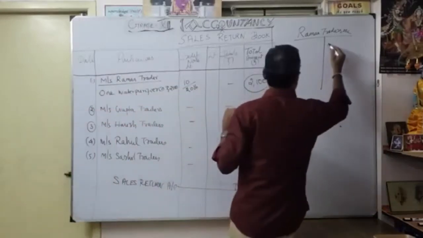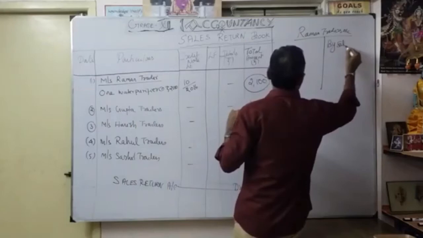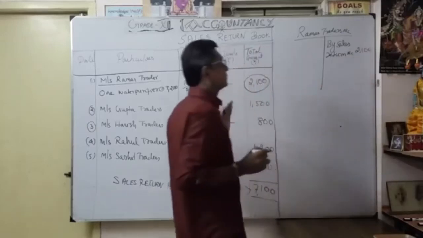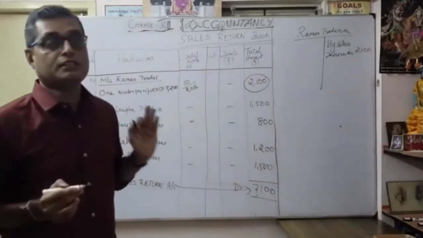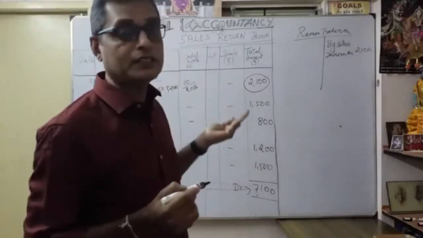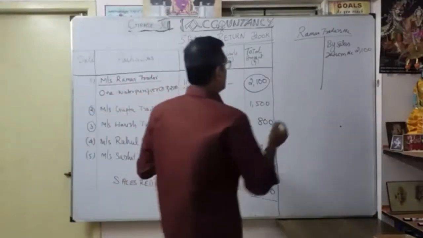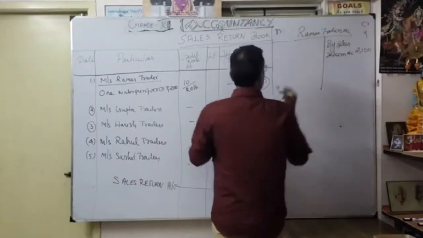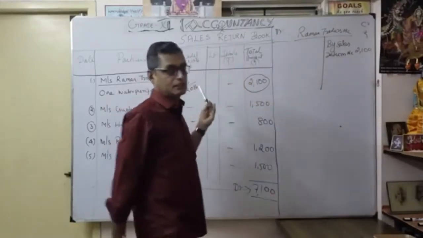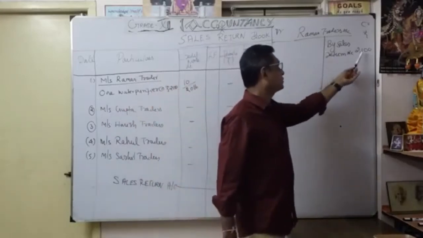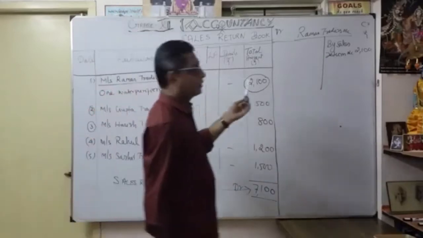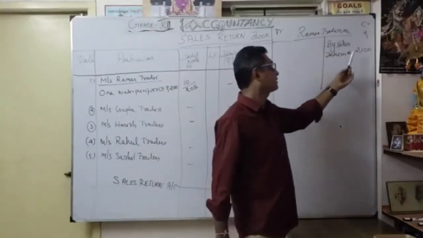So we have to write, by sales return account, 2,100. Understood. That is very important, how you record the transaction in the ledger. You should be strong in this for posting and balancing also. So in Raman Traders account, this is the credit side, debit side. Under the credit side we write, by sales return account, 2,100, as in the journal entry, sales return account debit to Raman Traders account.